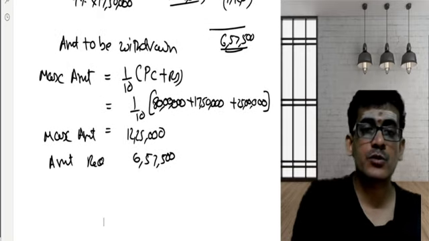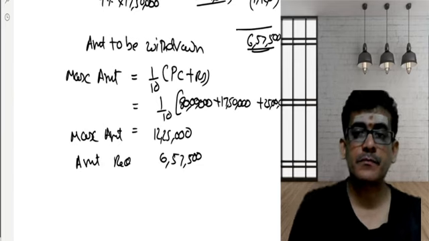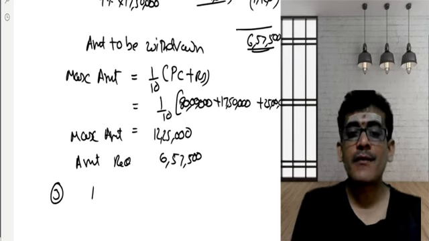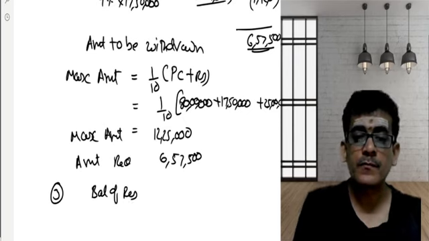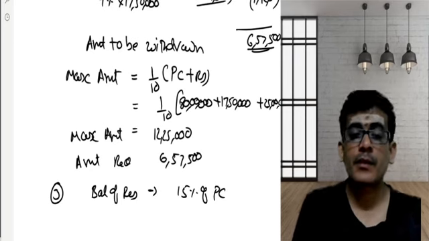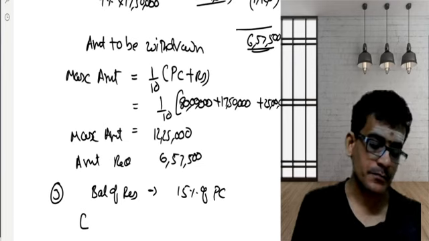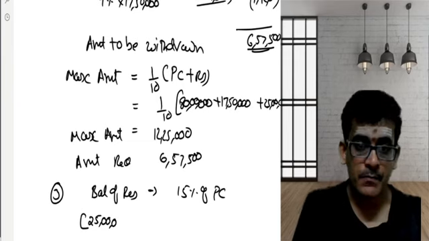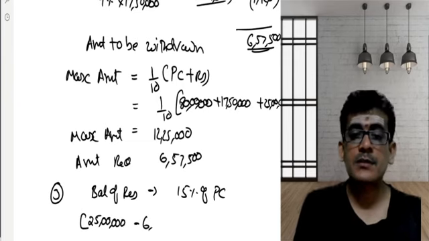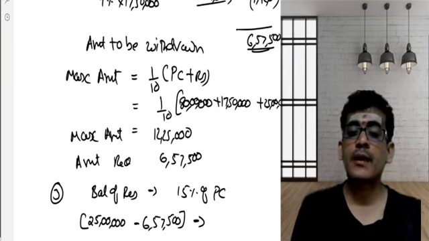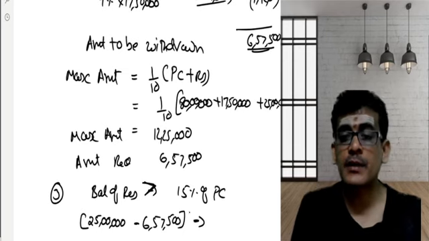Now what is the last condition here? The third condition which we need to see is to find out the balance of reserve and compare that with 15% of your paid up capital. What is my balance of reserve? The free reserves were initially 25 lakhs. Of this, you are using 6,57,500. This should be greater than 15% of your paid up capital.